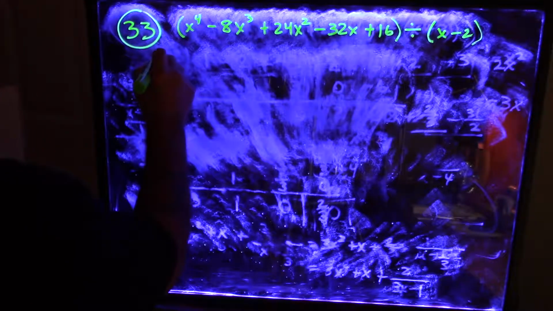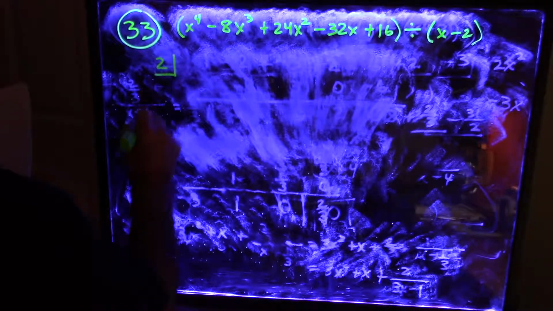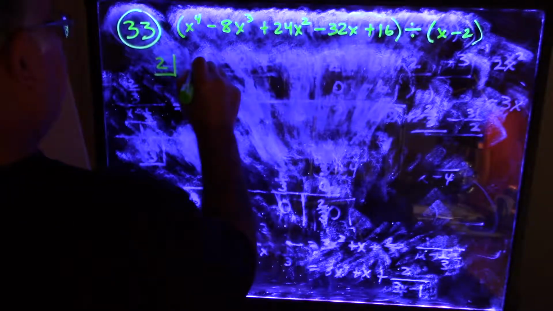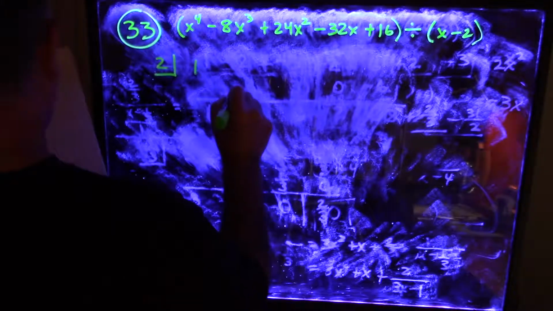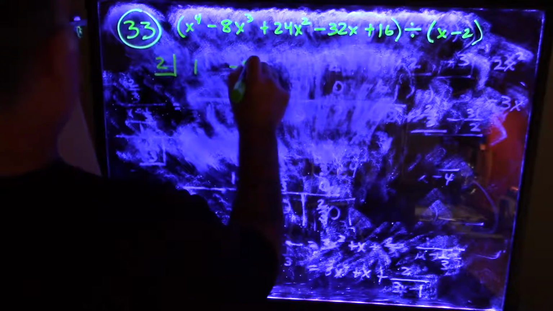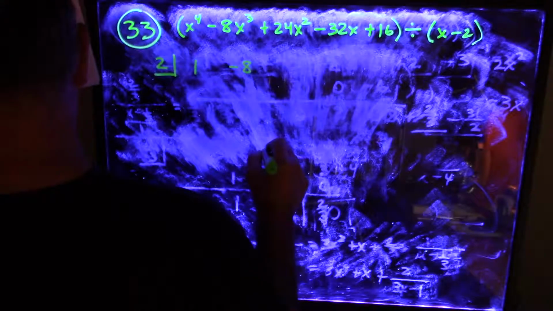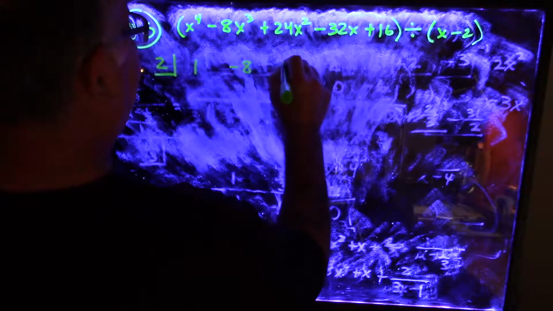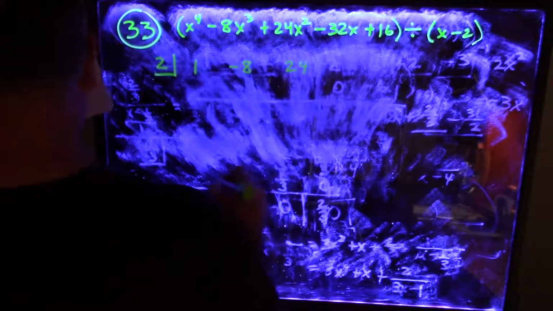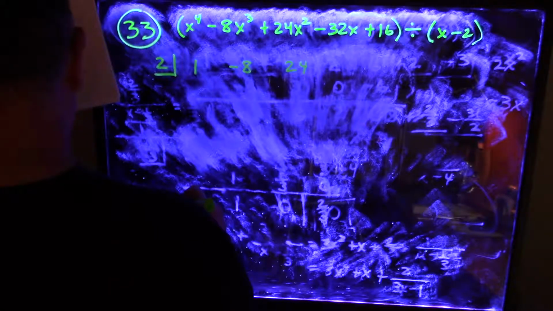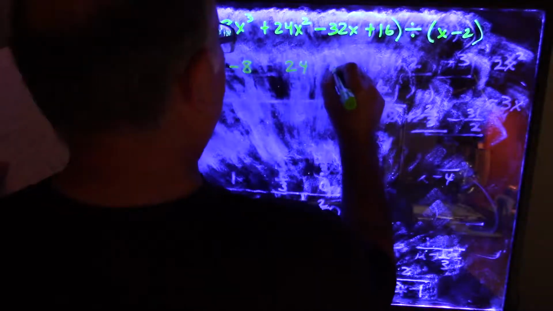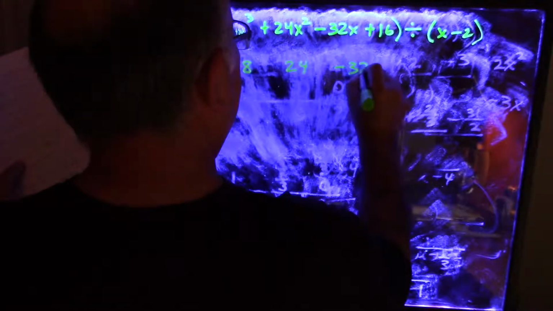Alright, put your 2 up there in the upper left. And then we've got the coefficients of the dividend: 1, negative 8, positive 24. A little minus sign can cause a lot of problems later, especially in calculus.